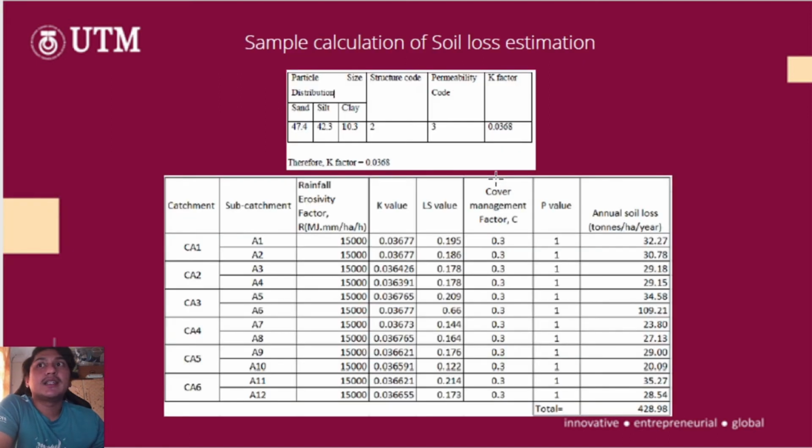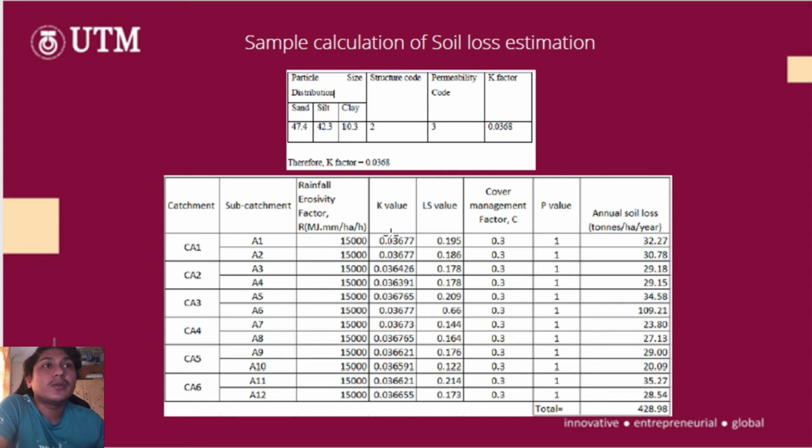Next is the sample calculation of soil loss estimation. At first, as I stated before, we have to calculate the K factor using the formula of K, and then we assume the rainfall erosivity factor R of each area is 15,000.